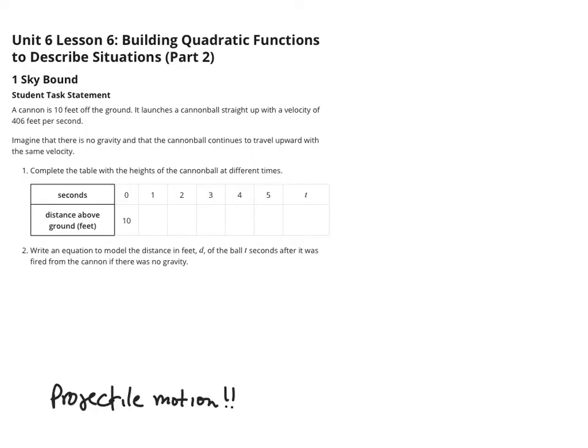So let's read the opening paragraph. It says, a cannon is 10 feet off the ground. It launches a cannonball straight up with a velocity of 406 feet per second. So I've got the ground and a hill. We'll call it a cliff.